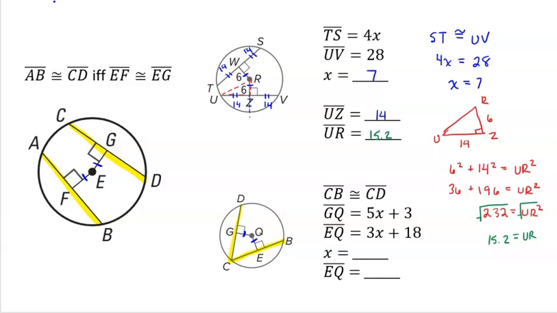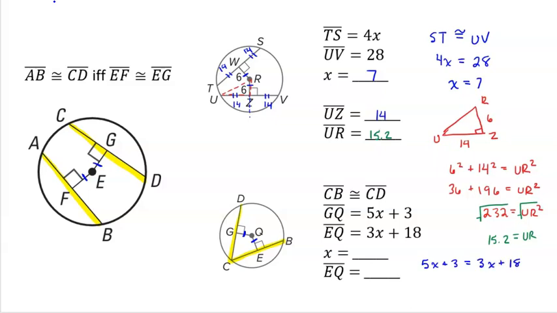So I know that these two pieces have to be congruent because those chords are congruent and perpendicular to the center. And so we've got 5x plus 3 equals 3x plus 18.